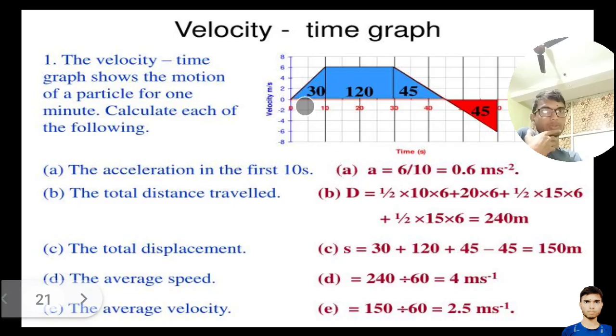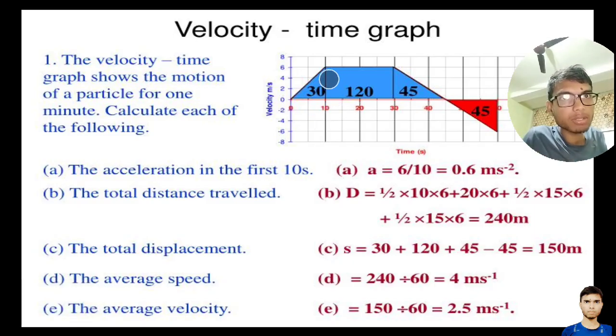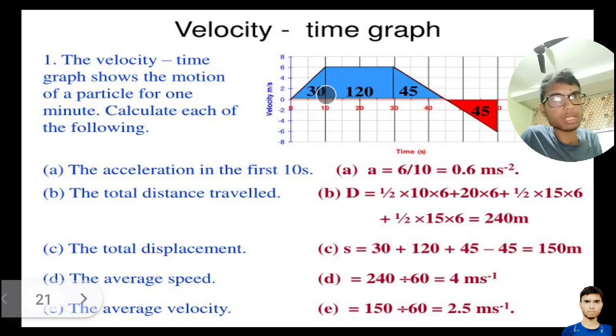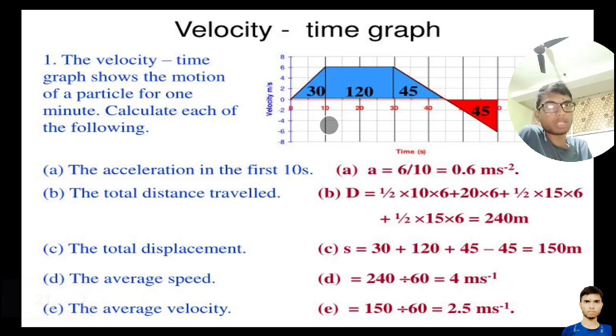Acceleration is what? 6 minus 0, 6 upon time. How much time was it? It is taking 10 seconds.